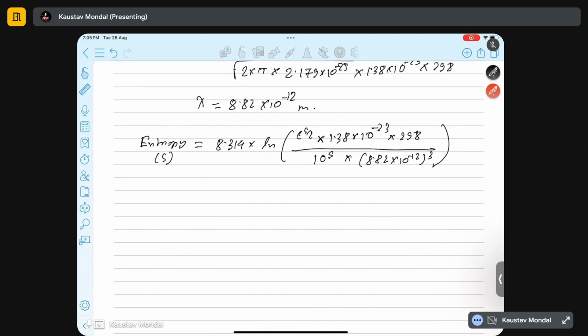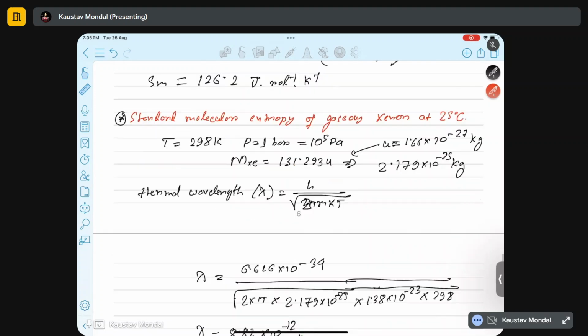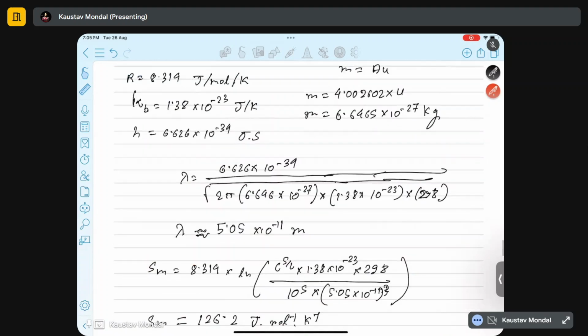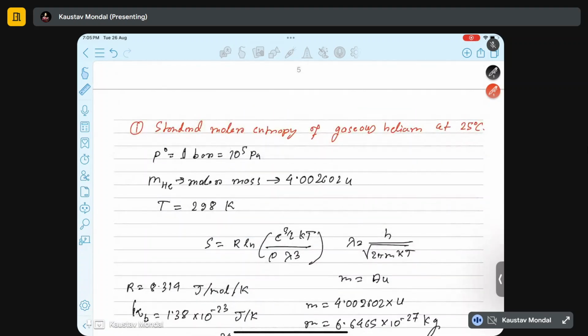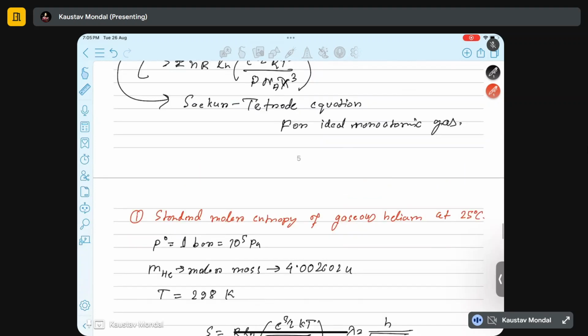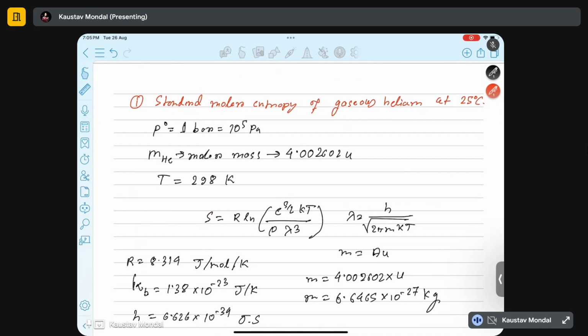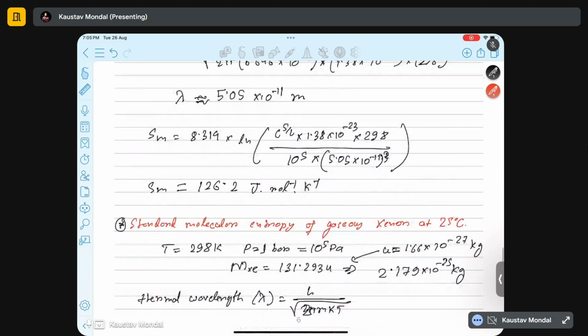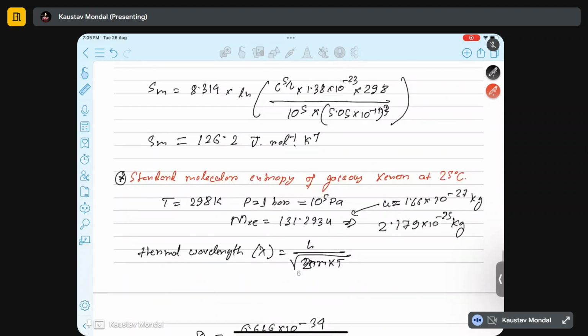So entropy is 169.7 joule per mole per Kelvin. This is the entropy I'm getting, right? So, depending upon the problem, one inference that you can draw immediately is, as you can see, for higher molar mass, like in the case of xenon, compared to helium, where the molar mass was smaller, the entropy here is also smaller for helium.